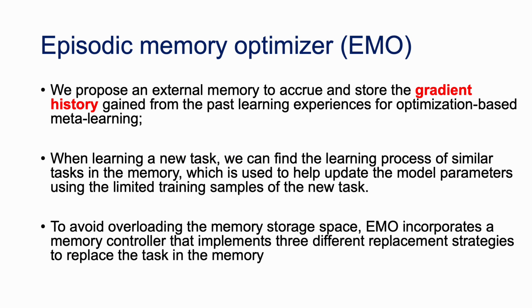So in this paper, we propose the episodic memory optimizer. We first propose an external memory to store the gradient history gained from past learning experiences for optimization-based meta-learning. When learning a new task, we can find the learning process of similar tasks in the memory, which is used to help update the model parameters using the limited training samples of the new task.